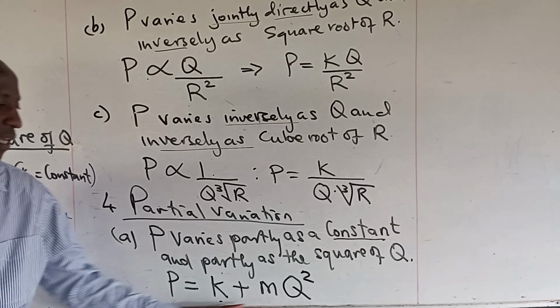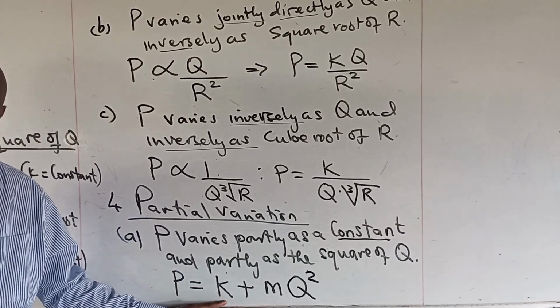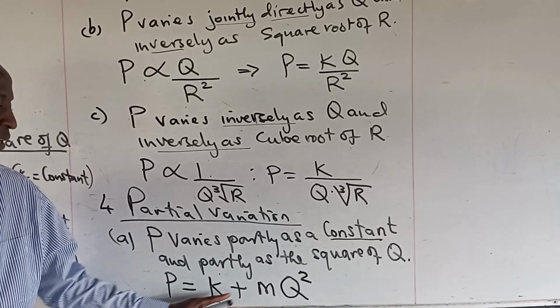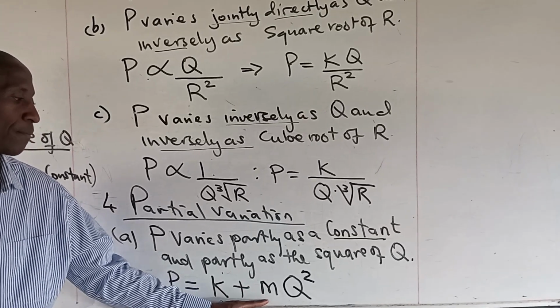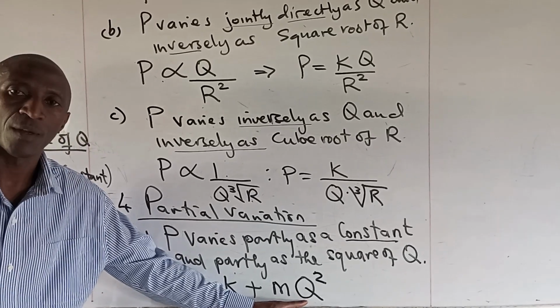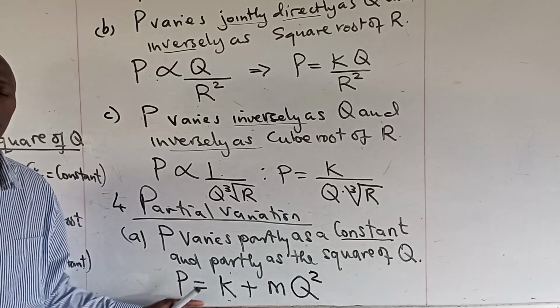So this is the expression. P varies partly as a constant, which we put K, plus partly as the square of Q. And then when we get to this kind of a question, we substitute the values that we shall be given.